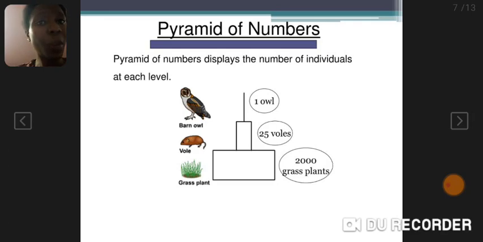Remember, the food chain starts from the producers, so it's decreasing as it gets into the primary consumers and the secondary consumers. So I repeat, in a pyramid of numbers, it will be observed that the number of organisms occupying each trophic level is decreasing along the food chain.